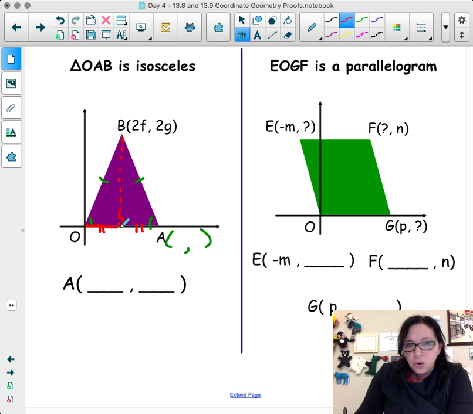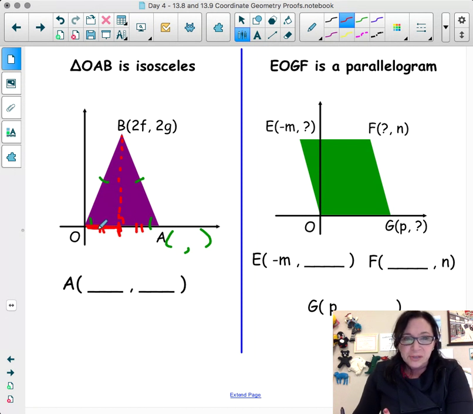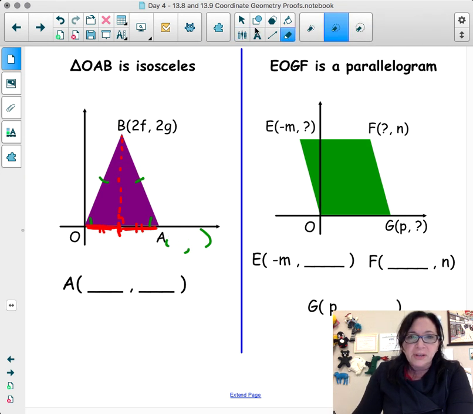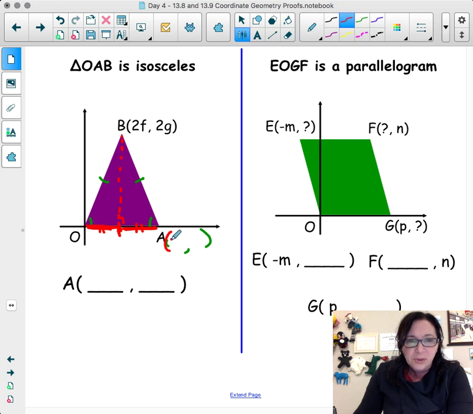That means I went over 2F. So this distance from here to here is 2F. This being an isosceles triangle with these sides equal, my base is the same. That would be 2F, that would be 2F. So this point right here would be 2F plus 2F, which is 4F. And then because I'm not going up any, I'm just stuck at 0. So it'd be (4F, 0).